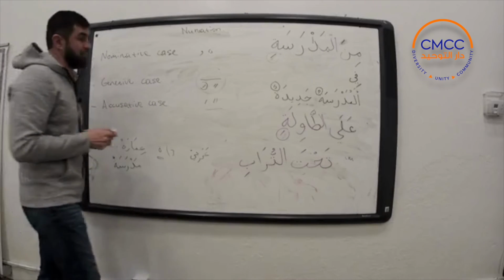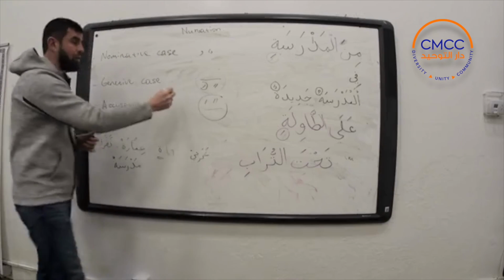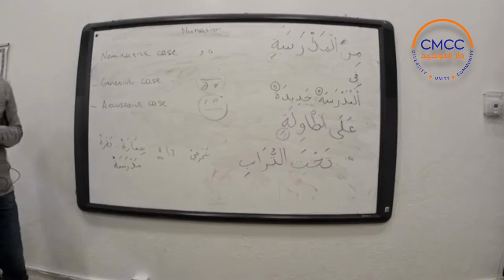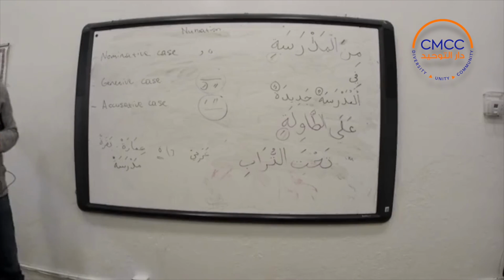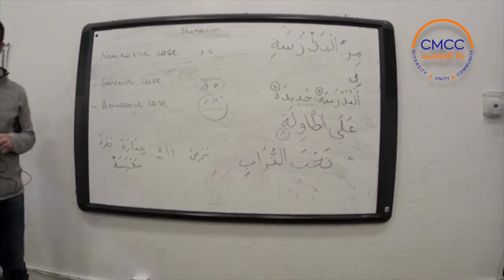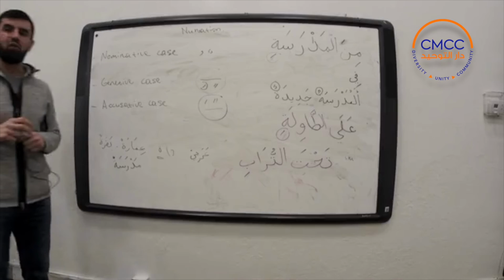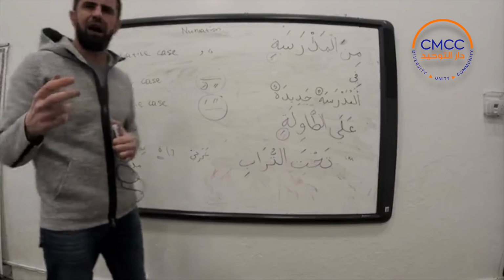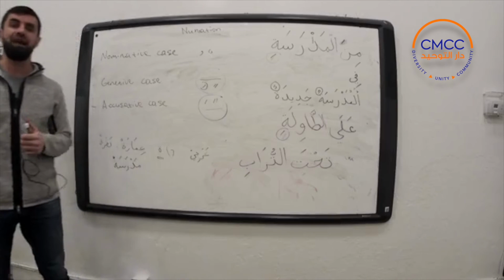Okay, so the third is the tanween -an, or a. It's a little bit more difficult because it has to do with verbs and with verbal sentences. In Arabic we call it al-jumla al-fi'liya.